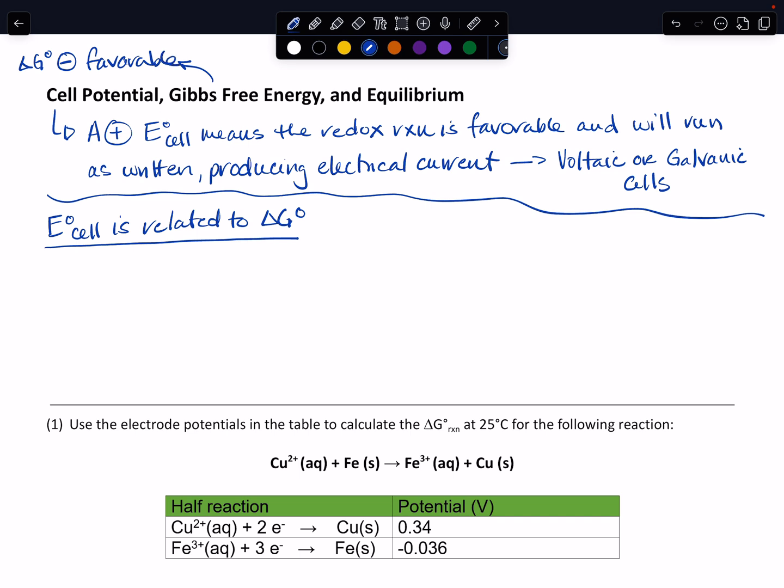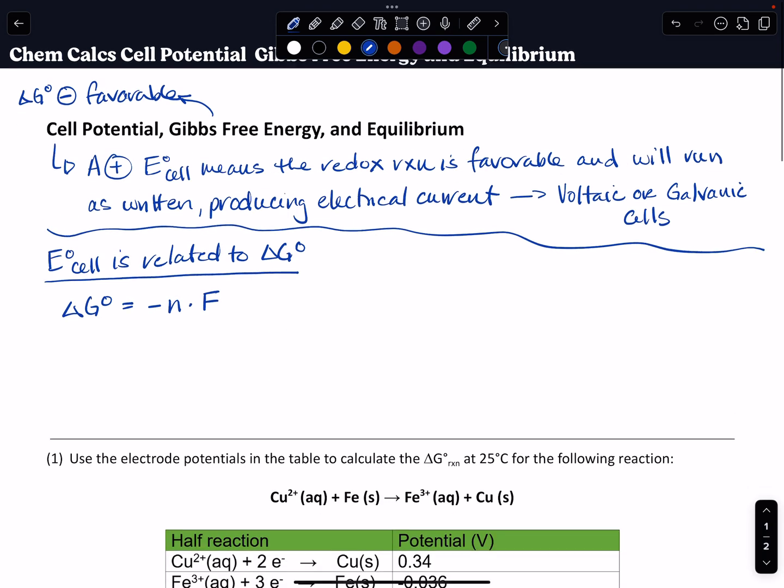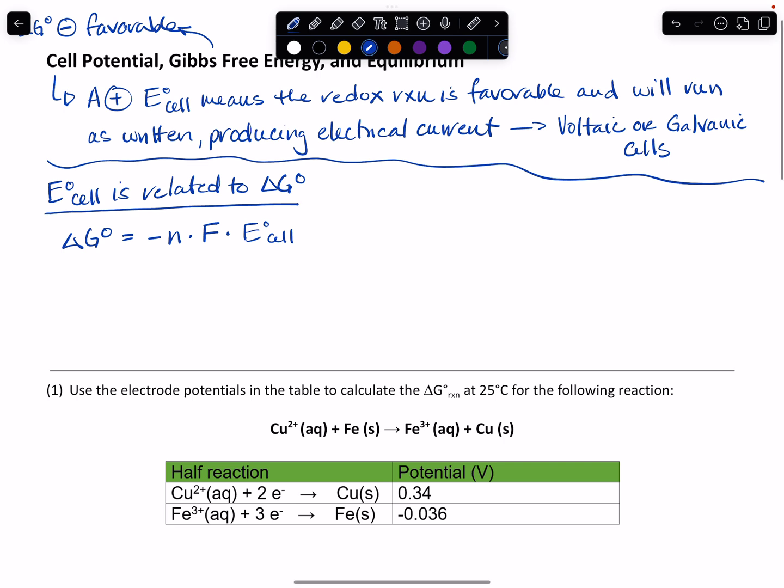So the relationship, formula based, is that Gibbs free energy is equal to negative n times F times the cell potential. You'll notice that negative sign in the formula means that if the cell potential is positive, then we're going to get a negative delta G value. So delta G will be negative if E cell is positive.